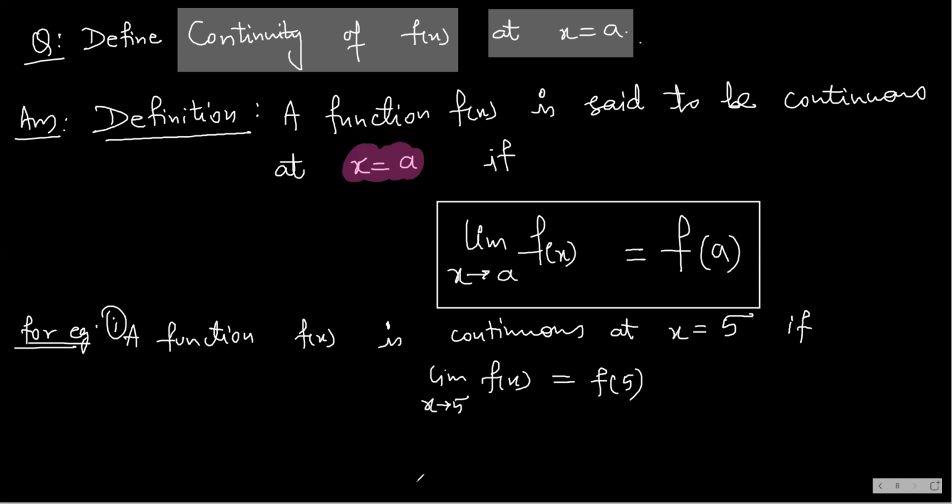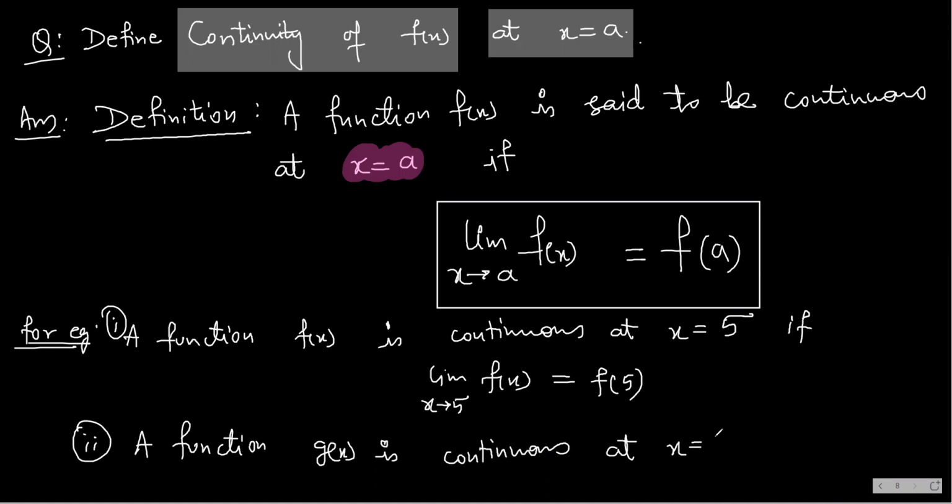Okay, one more example I will write. Second, a function g of x is continuous at x equals pi by 2 if, you will first calculate on the left hand side the limit.